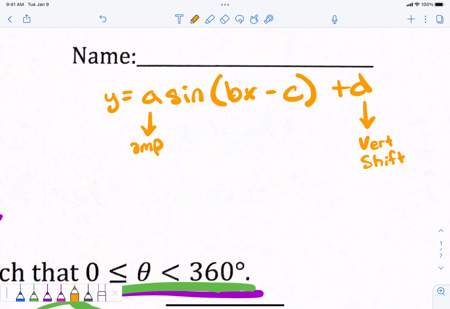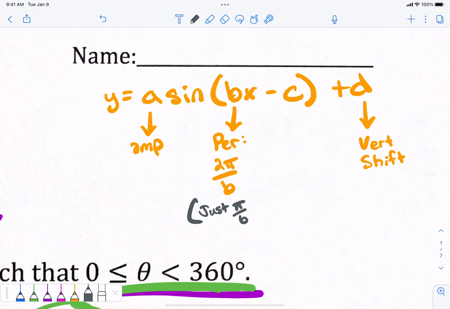B tells you the period, but you have to work for it because it's 2 pi divided by B, or just pi over B for tangent and cotangent. So the period will be 2 pi divided by B for sine and cosine and their significant others, and tangent and cotangent is just pi over B.